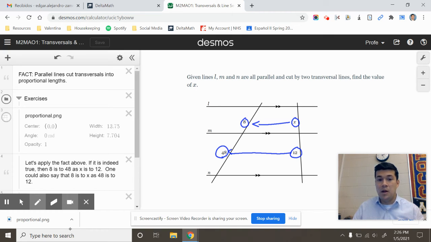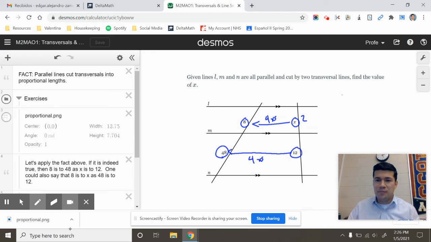So the relationship between 12 to 48 is, well, 48 is 4 times, right? 4 times. So if 8 is 4 times this number, well, 8 divided by 4 is 2. Once again, we realize that number is 2. So this is really more of a review of how do proportions work, all right?